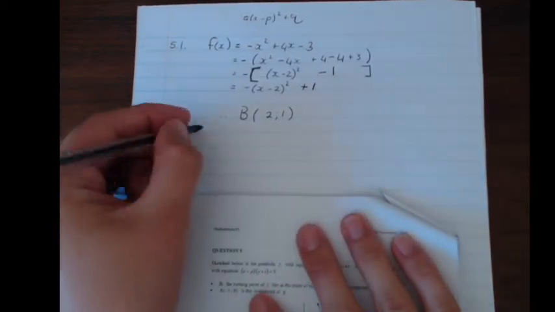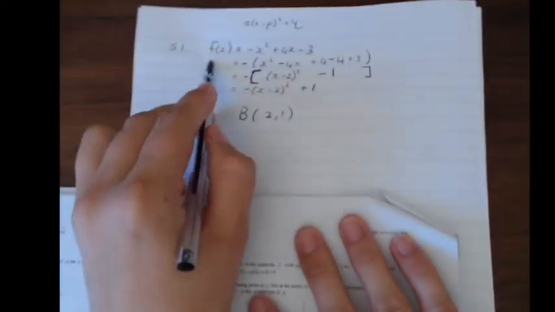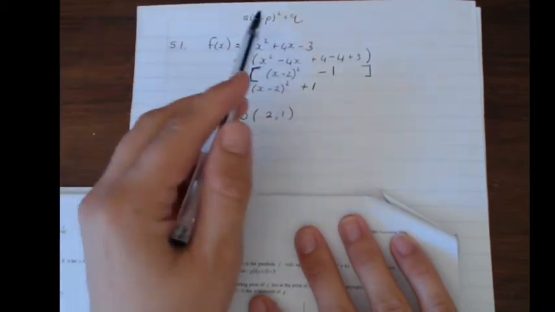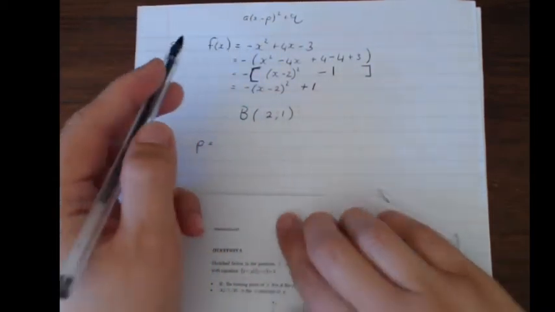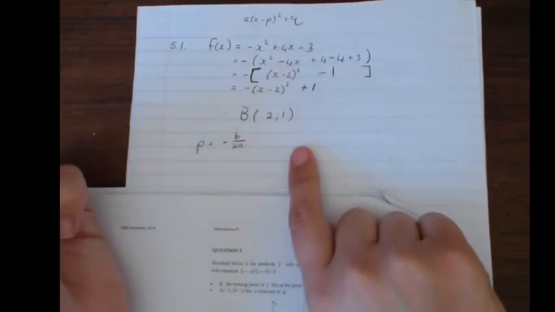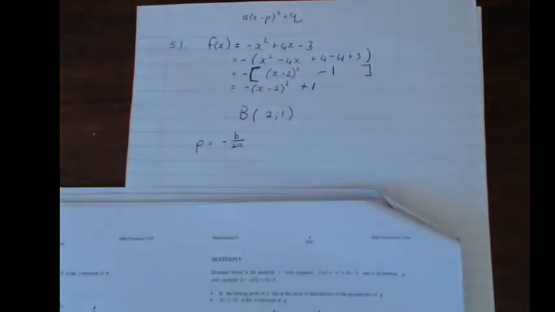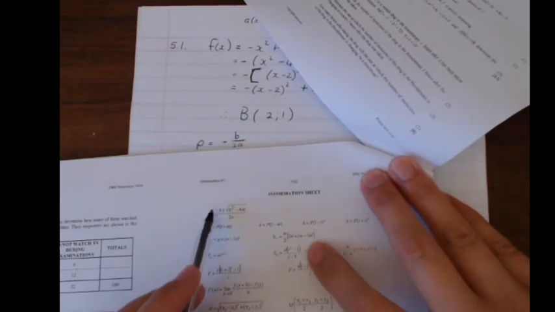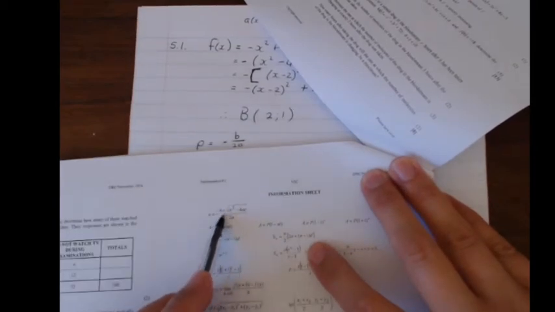The second method you can do is from this equation, (p; q) is still your turning point, right? So the p you can calculate by taking -b/2a. Some of you might recognize this. Let me just quickly turn to the information sheet. -b/2a is the first part of the quadratic formula, actually, without the plus or minus root.